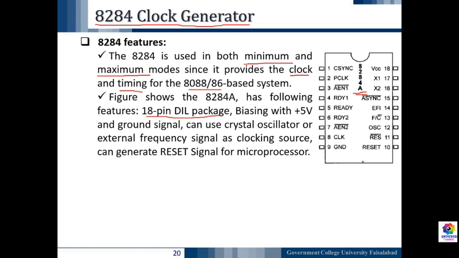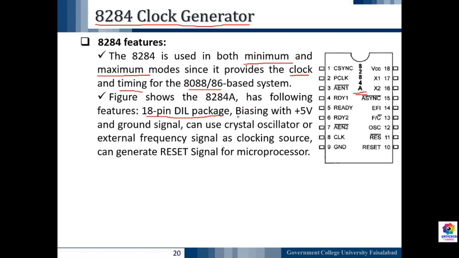As you can see in the block diagram of the 8284A, with the pins properly labeled with the functions of the pin and the numbering, the pins are arranged from top left to bottom left and continue from right bottom to the right top of the IC.